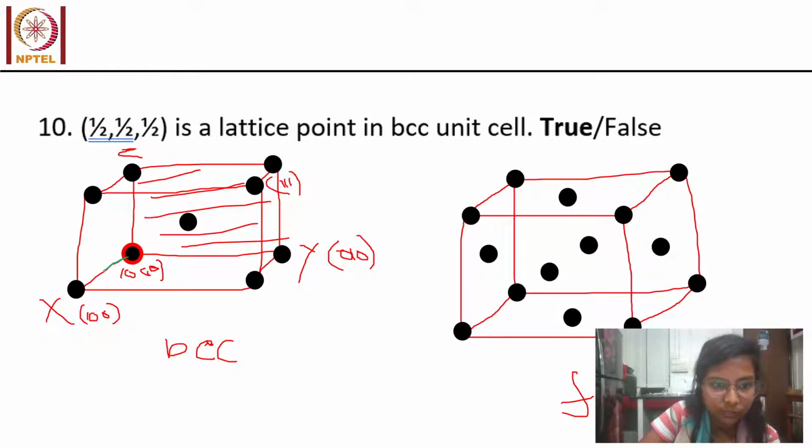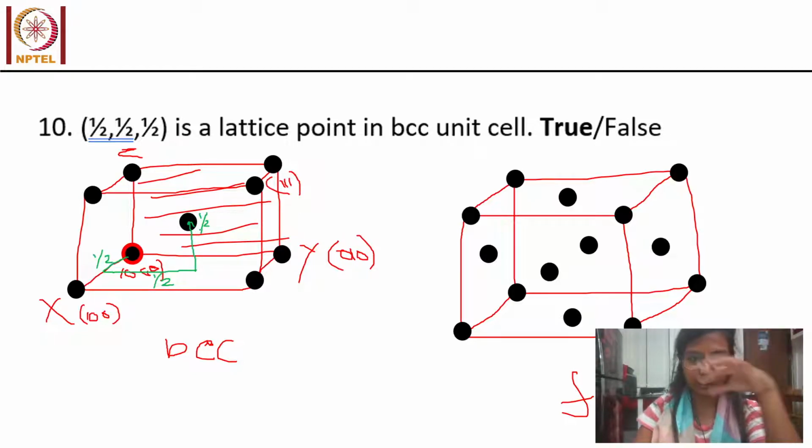My trajectory will be half along x, half along the y direction, then half in the z direction. Then I will reach the center of this unit cell in space.